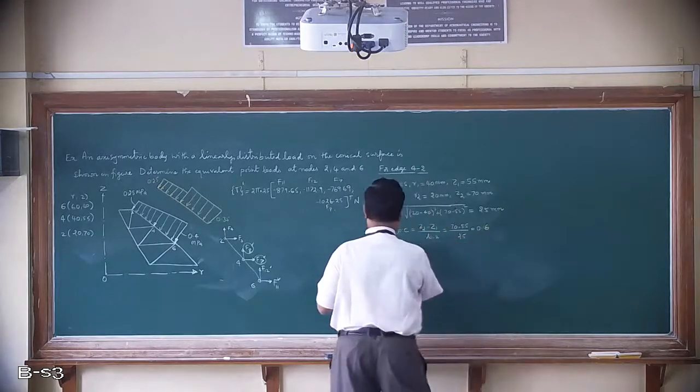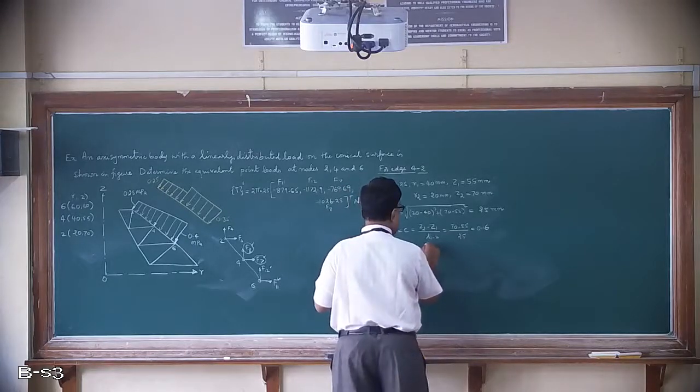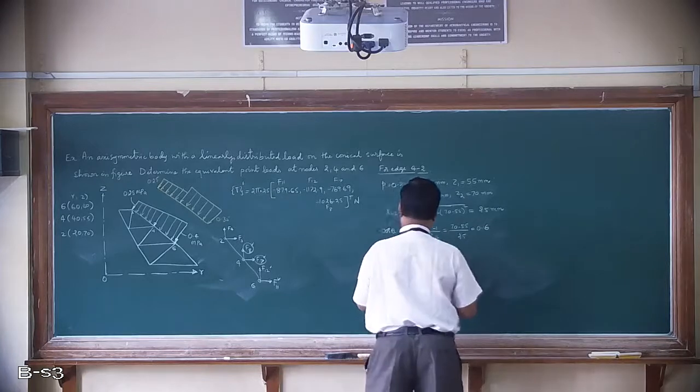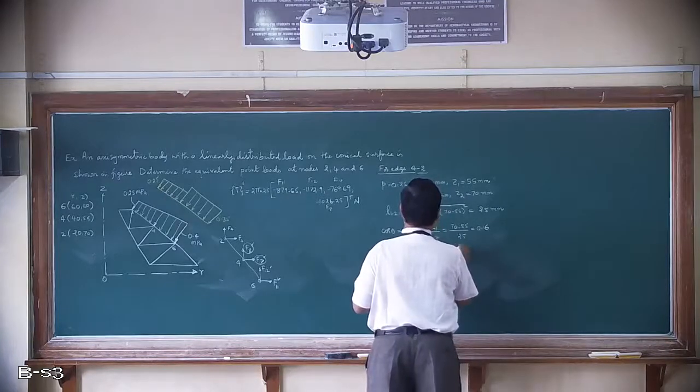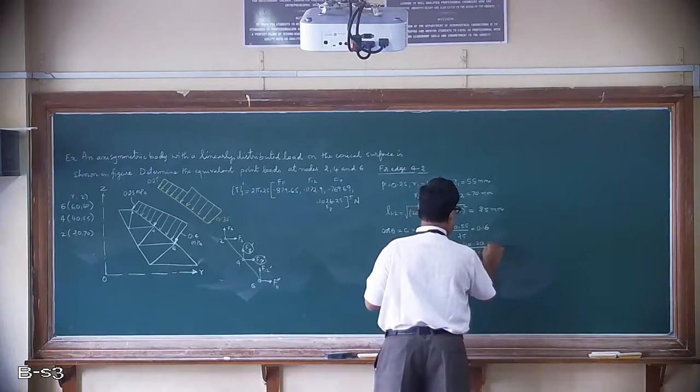Yes. And sin theta, S, is nothing but R1 minus R2 upon L12. Say R1 is bigger. So R1 is 40 minus 20 upon 25, which is coming 0.8.